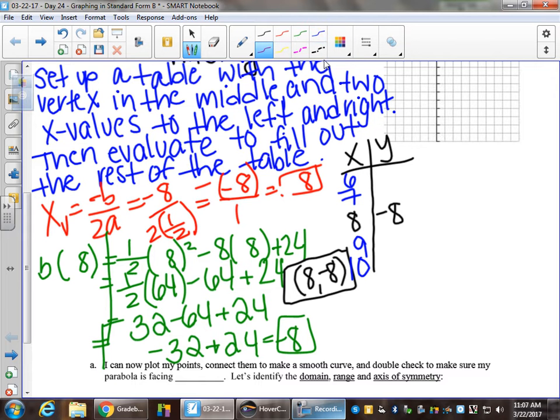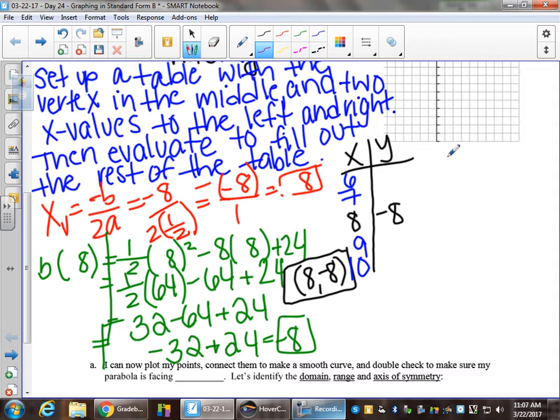It doesn't really matter. But let's just keep it consistent and go from 6 to 10. So we're always going from least to greatest. If you are running out of space, grab a piece of paper from up front and you can staple it or just put it inside your packet. Okay?